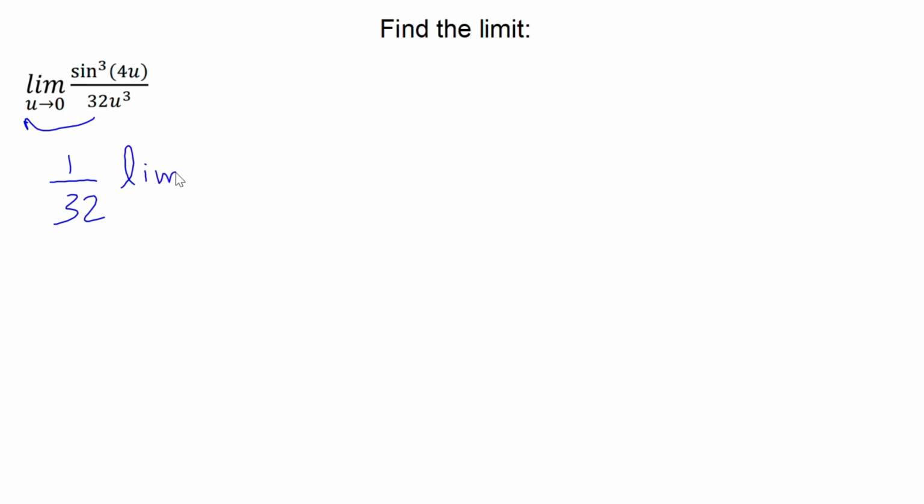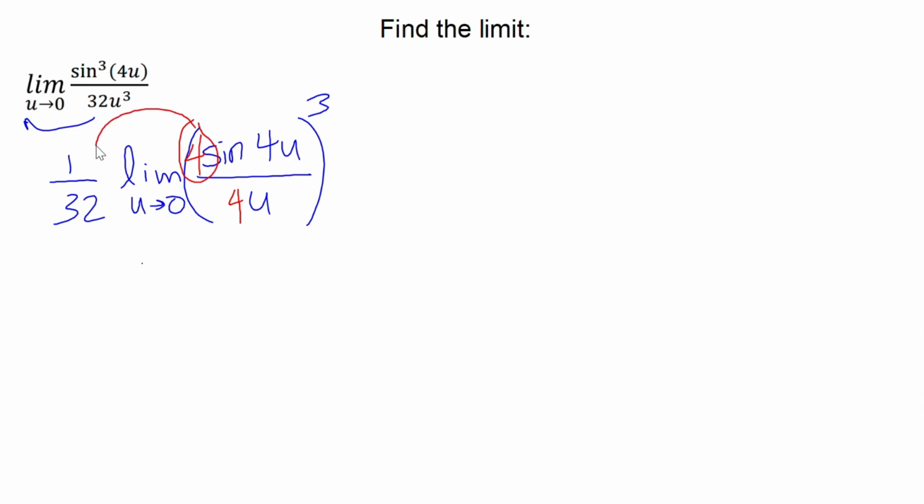So I'm going to rewrite this as 1/32, the limit as u approaches 0, of sine of 4u over u, all being cubed. And what we want inside is a 4u in the denominator. So I'll put that 4 in the denominator and a 4 in the numerator. I'll pull the 4 in the numerator out, remembering that it's being cubed.